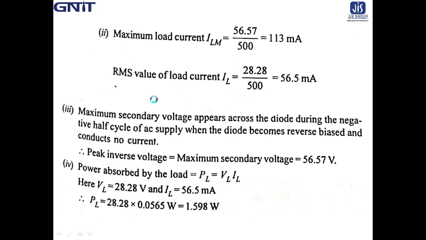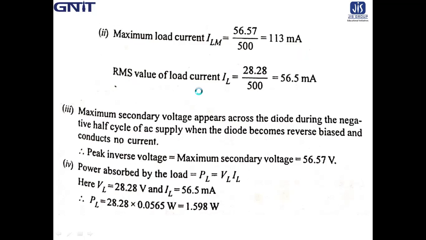And next is the maximum and RMS value of load current. Maximum load current ILM equal to 56.57 by 500. That is 113 milliampere.